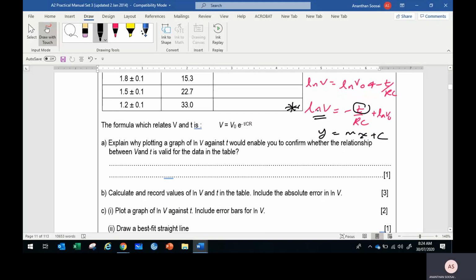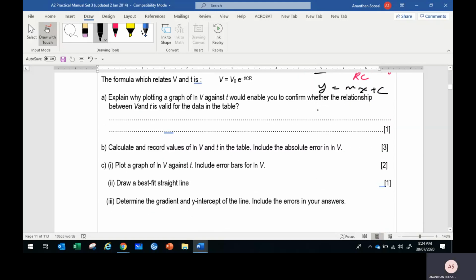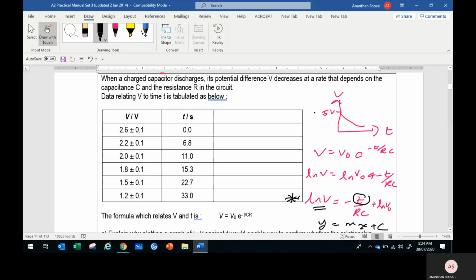Okay, now we move on. Part B. Calculate and record the value of ln V and t. Include the absolute error in ln V. What do you want?